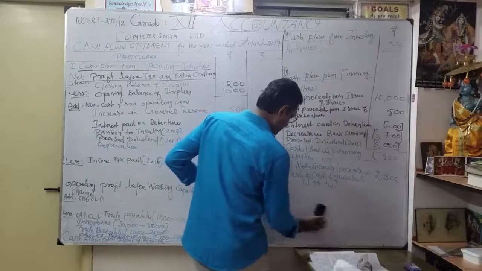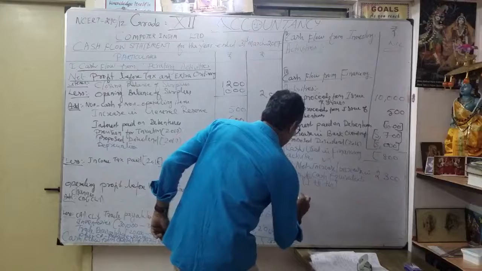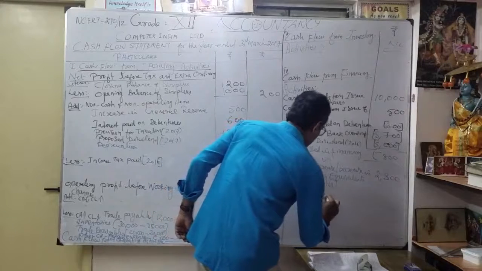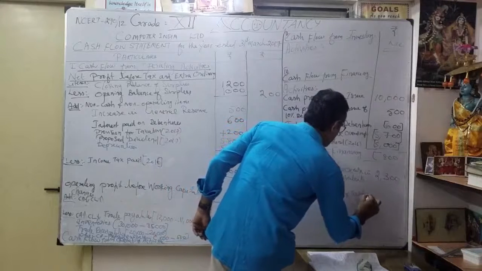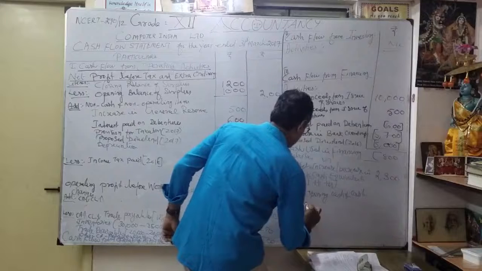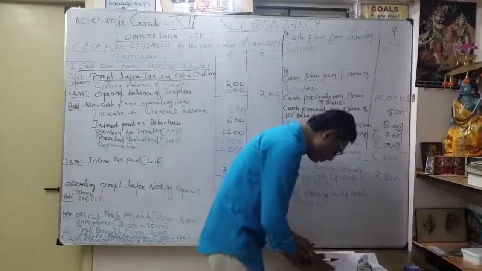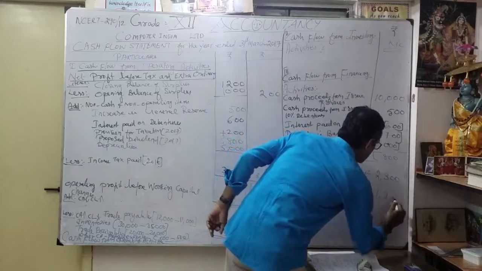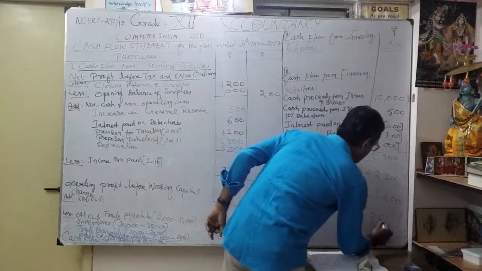Then you know what is next. Going to add. Going to add what? Add opening cash and cash equivalents. How much? See in our book, 1,200. So what is our answer? 3,500.